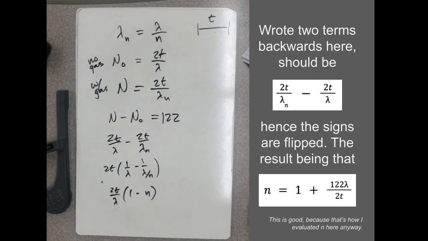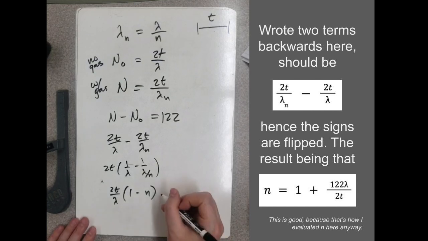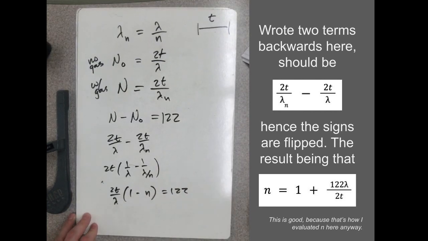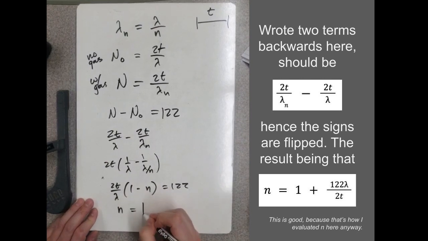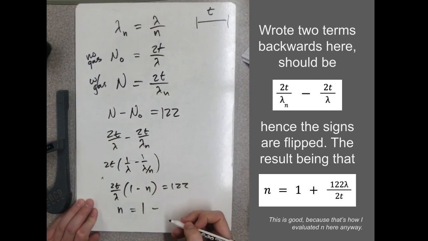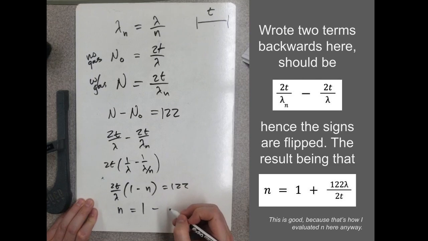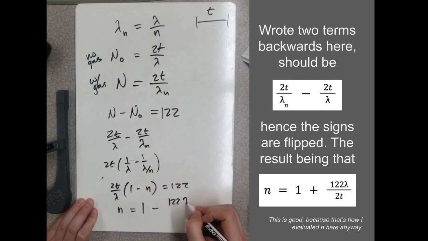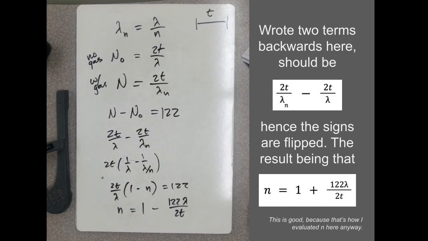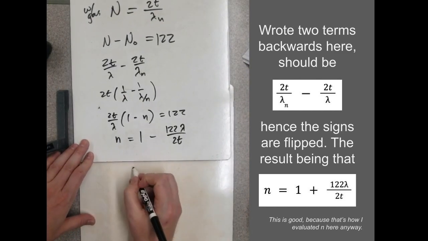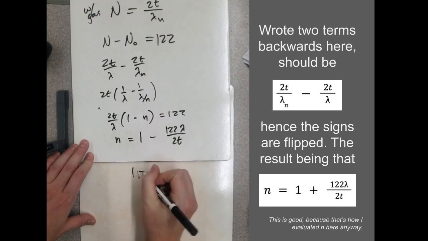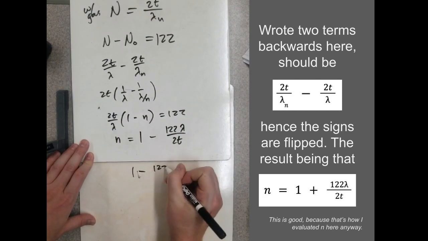Right. Remember that was equal to 122 fringes, and what we're interested in is n. Turns out that it's very close to 1, so it's good to just keep the 1 by itself and see what that difference is from 1. Plug in some of these numbers. Minus 2.